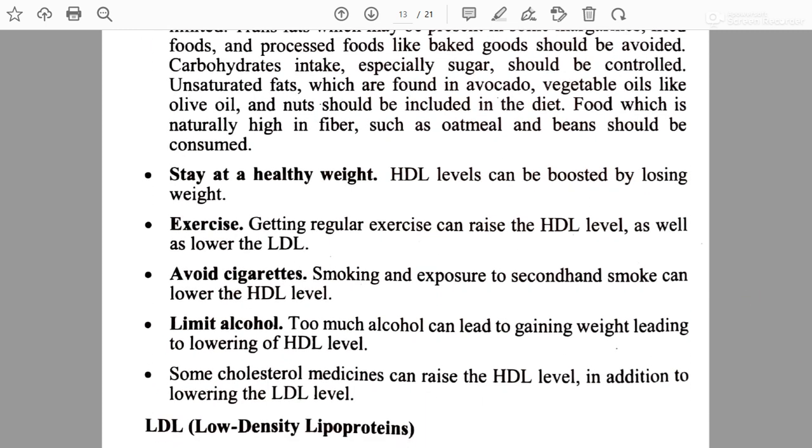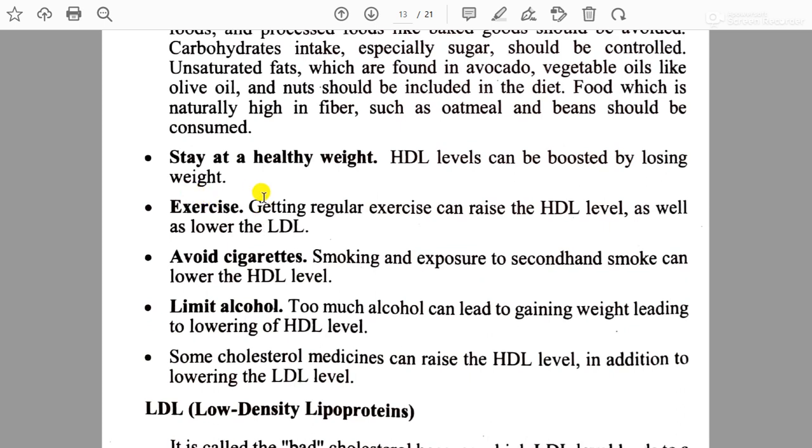Then get regular exercise, and this will raise the HDL level as well as lower the LDL level. Then avoid cigarettes. Smoking and exposure to second-hand smoke can lower the HDL level. So therefore avoid cigarettes. Limit alcohol.